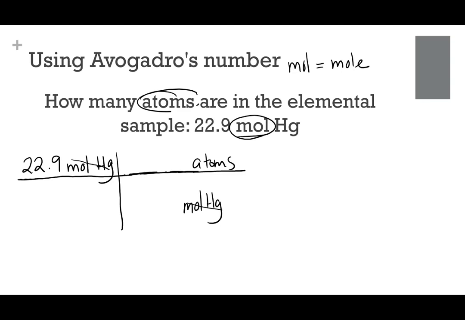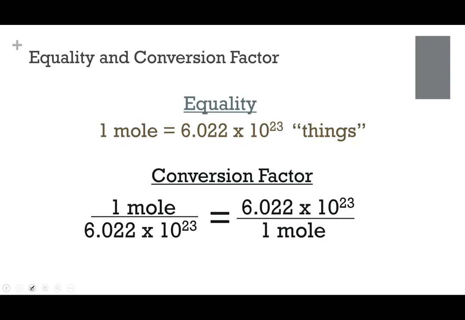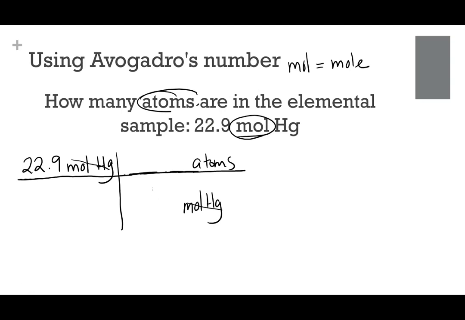Now we just need to click back to our equality to find out what numbers go where. For right now and for the next few chapters, the number 1 will always be attached to mole. So anytime you write down the unit of mole, the number 1 will be attached to it. So mole is on the bottom.